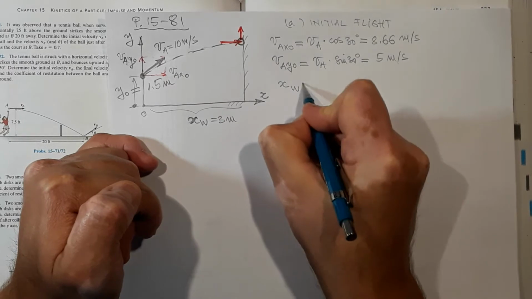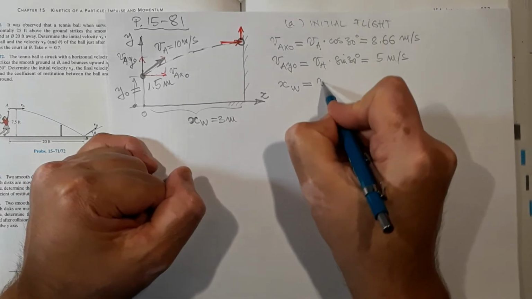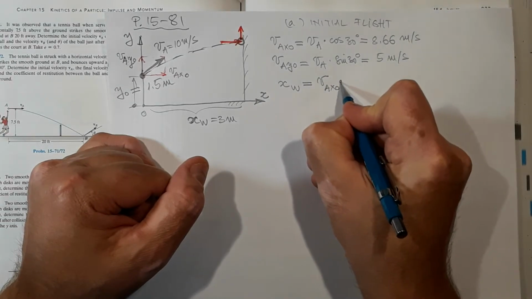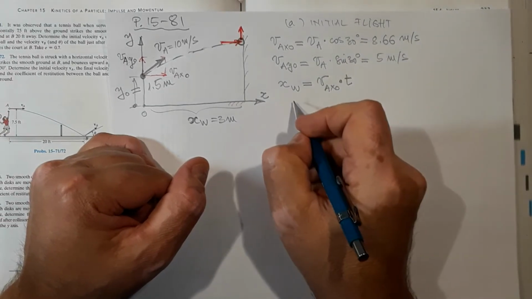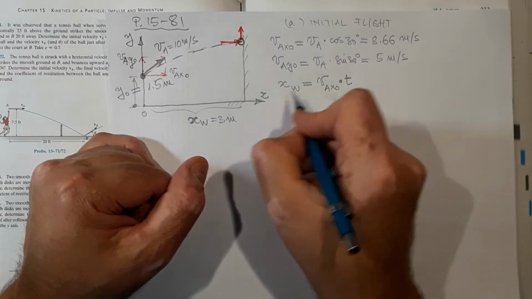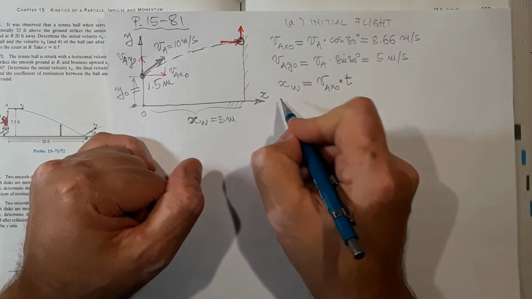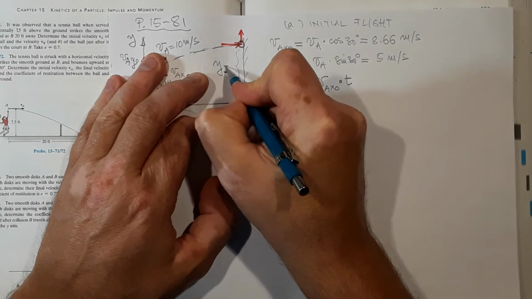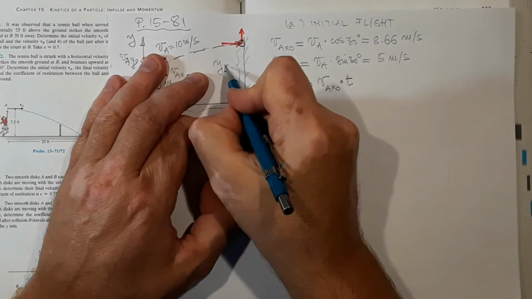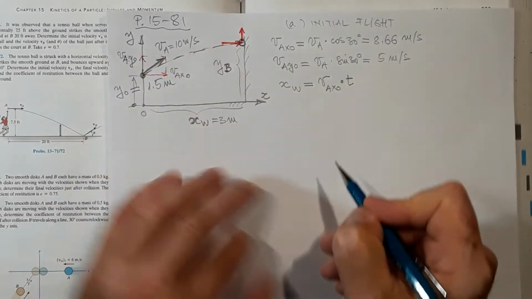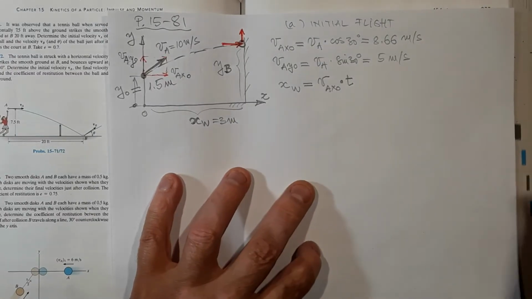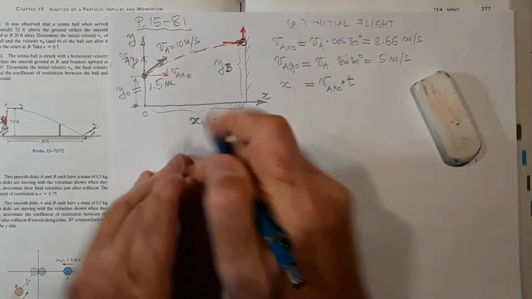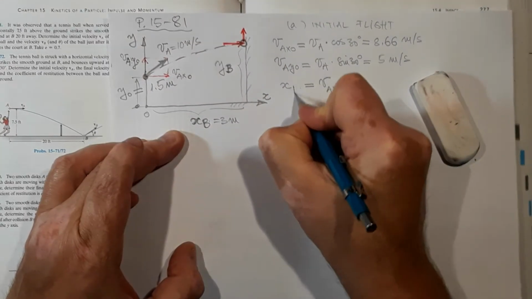So xw is going to be velocity of A in the x direction, 0, times t, from where we can calculate t. And then I have the y of impact, although we have a point B, so let's call it yb, and xb.